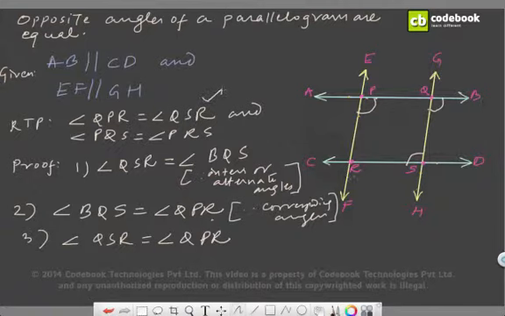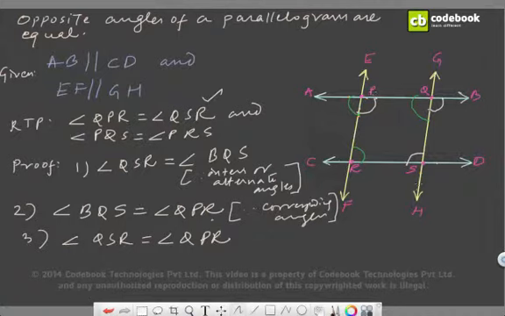Similarly, you can apply the same concept and say that angle PRS is equal to angle APR based on the interior alternate angles axiom. AB and CD are parallel, EF is the transversal. So these two are interior alternate angles and they are equal. Similarly, we also know that angle APR is equal to angle PQS because they are corresponding angles.